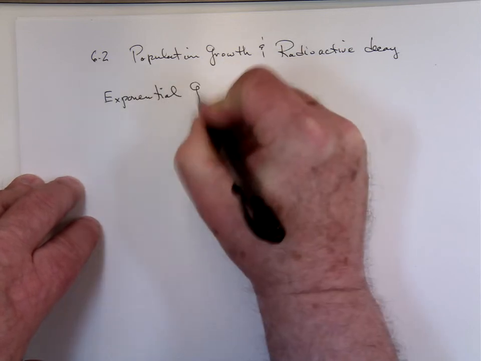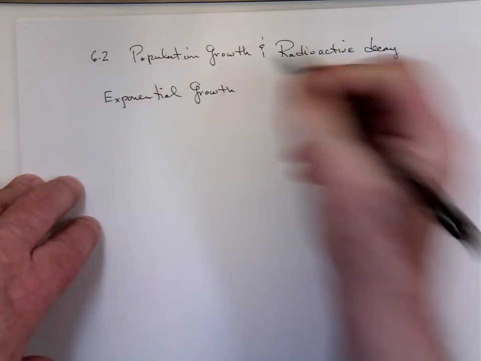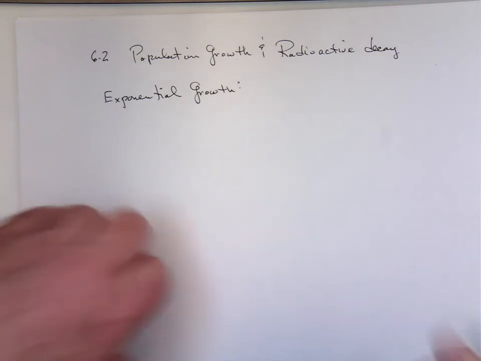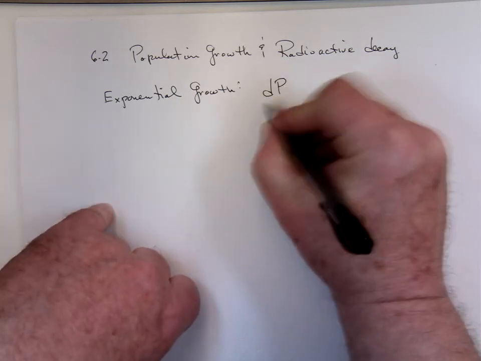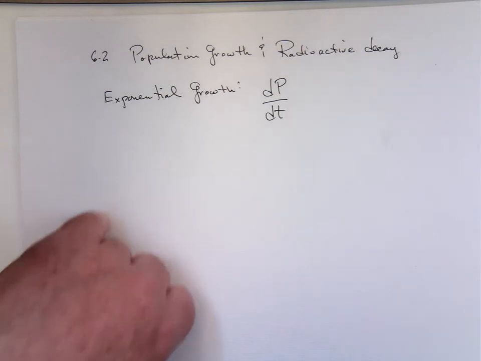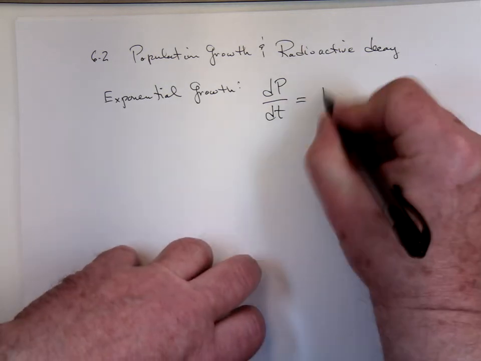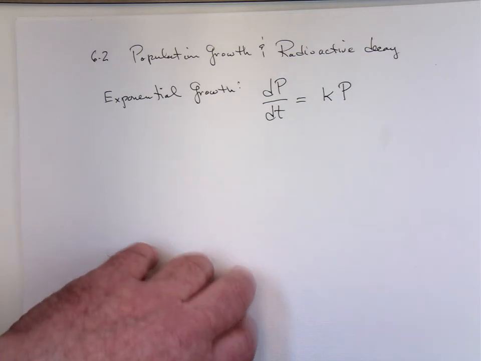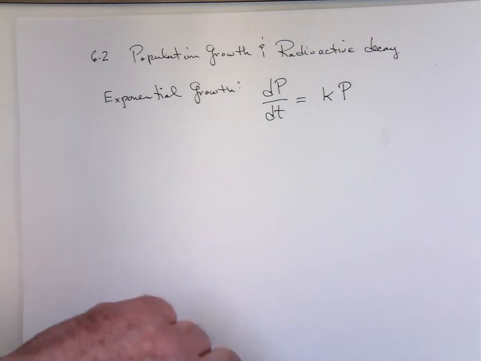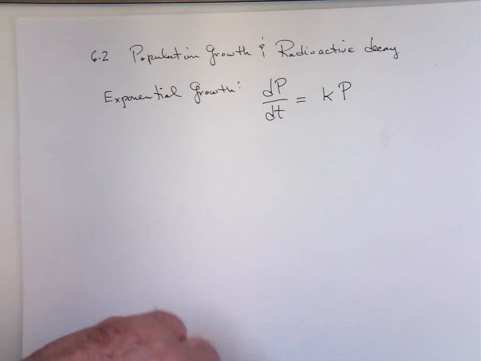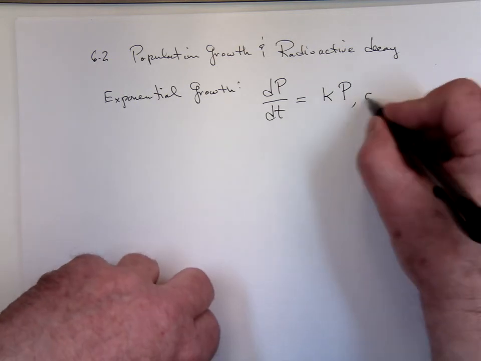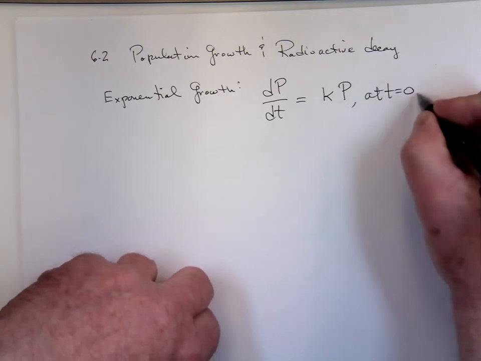Basically, it says this. The rate of growth of a population with respect to time, how fast a population is growing, is proportional to the population at any given time. It also says at t equals 0, the population is the initial population, whatever that happens to be.